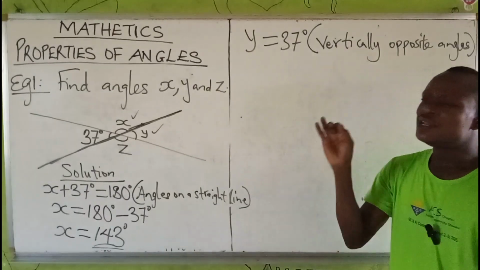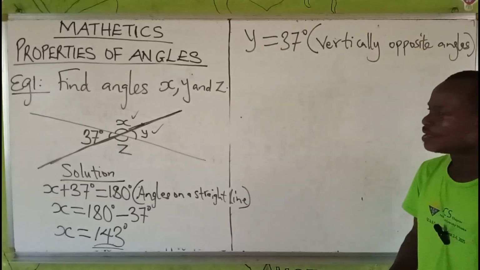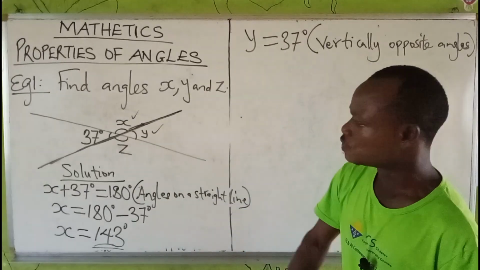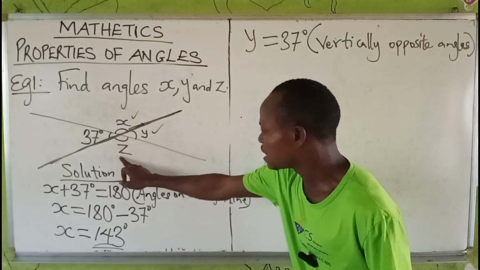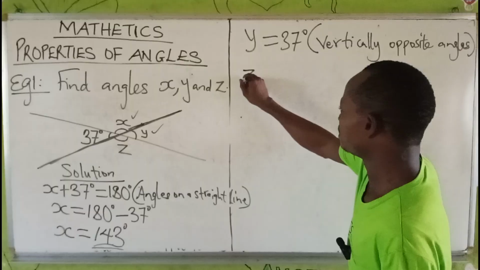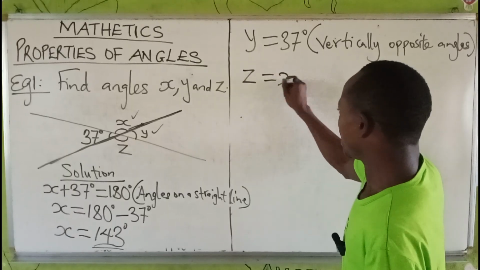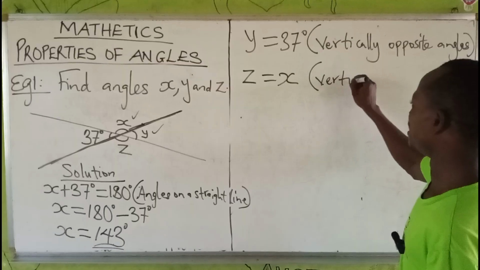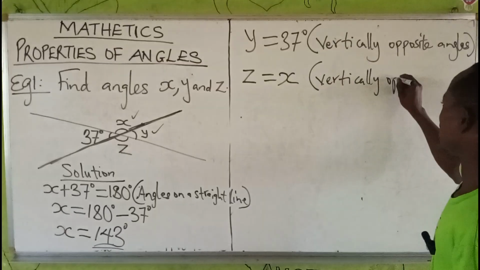But a shorter way is to look at vertically opposite angles. Angle X and angle Z are vertically opposite. So we can simply put angle Z equal to angle X, and the reason is vertically opposite angles.